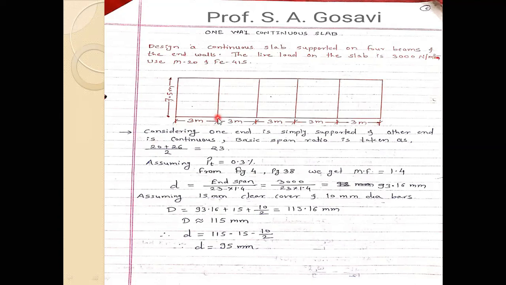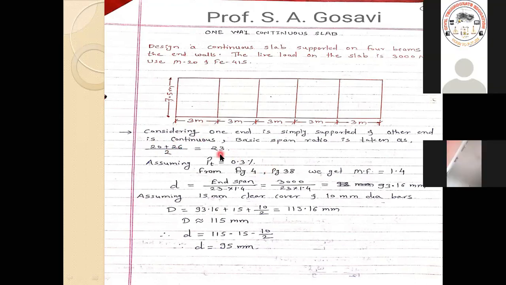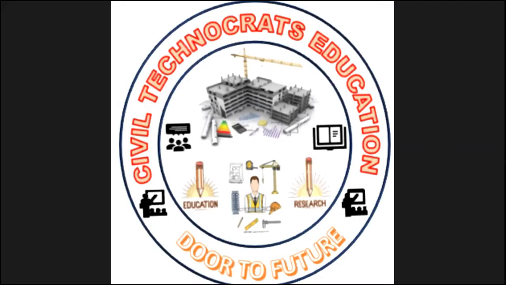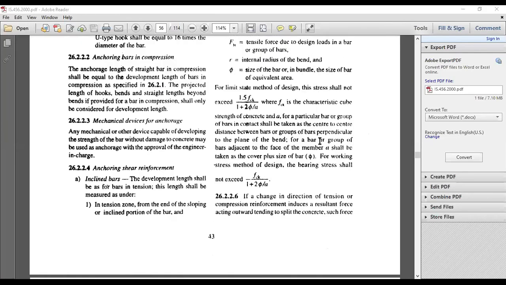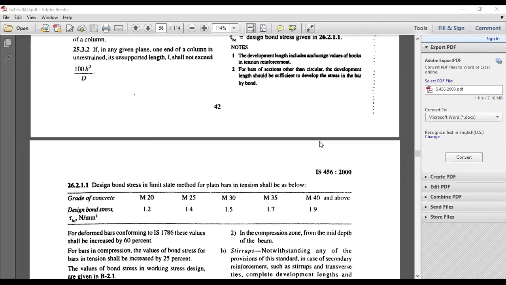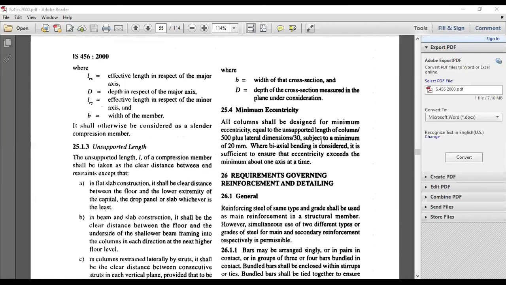Now if I share the IS code with you, you will get this span to depth ratio. We have already seen the span to depth ratio. Which clause is it? Do you remember?